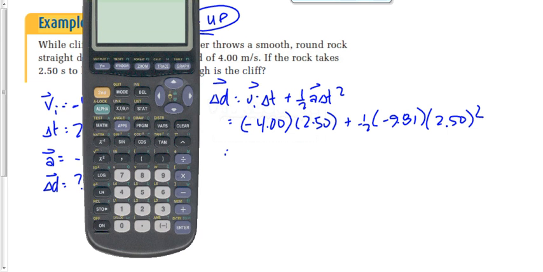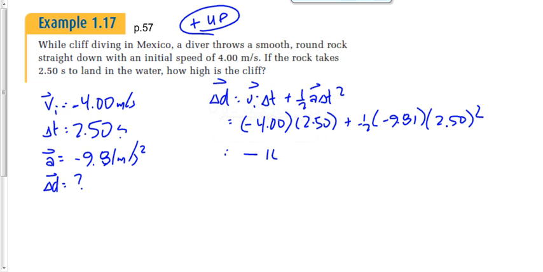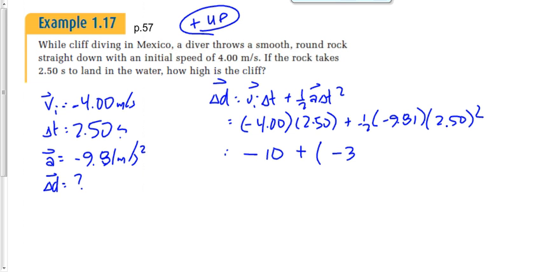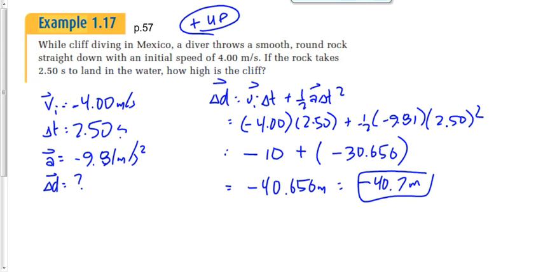Negative 4 times 2.5 is negative 10, plus 0.5 times negative 9.81 times 2.5 squared, negative 30.656. If we add those together, we get negative 40.656 meters, which if we round it to the correct number of digits, should be 3 digits, negative 40.7 meters. Is that the answer?